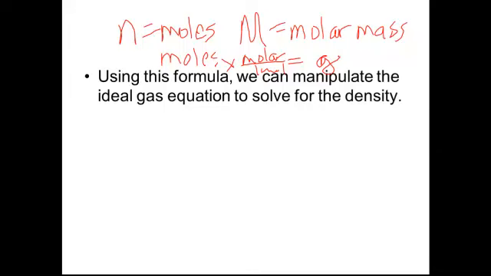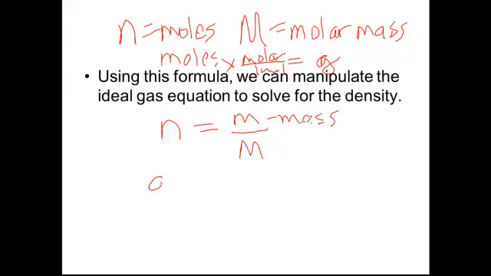So we can say that n moles is equal to the mass divided by the molar mass. Notice the different m's there. That little m is just the mass of that gas.